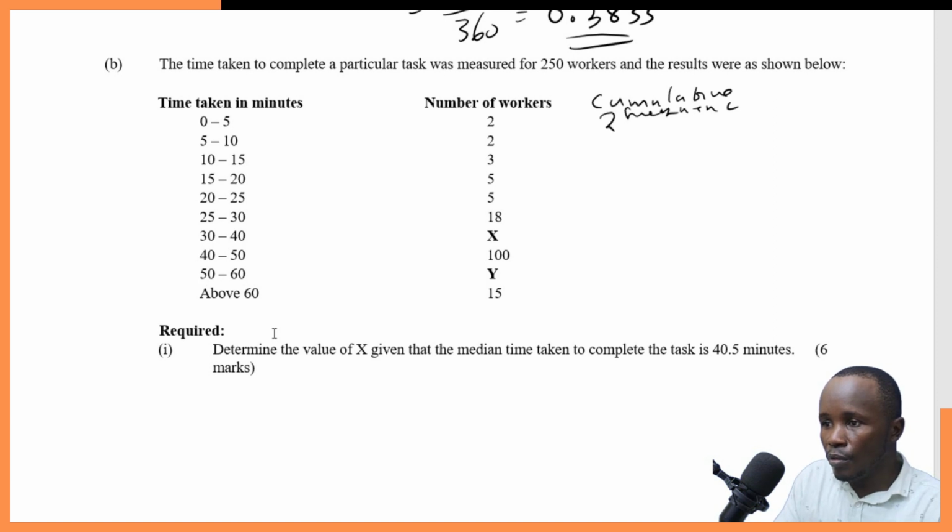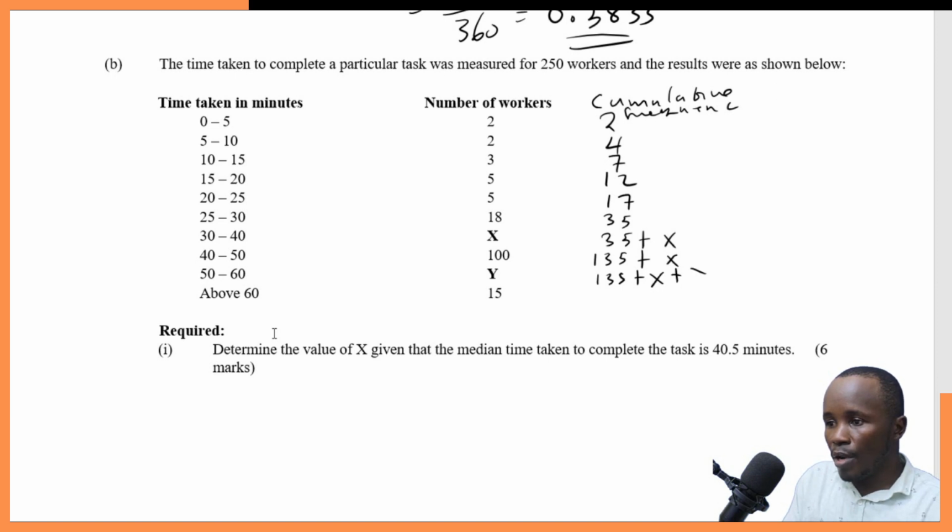We have 2, 4, 7, 12, 17, 35, 35 plus x, 135 plus x, plus y, 150 plus x plus y. That is the cumulative frequency.